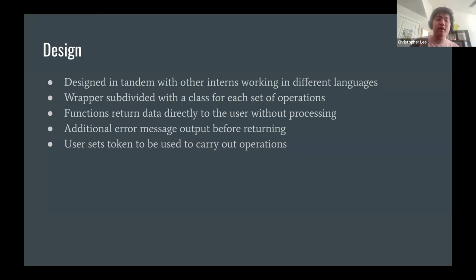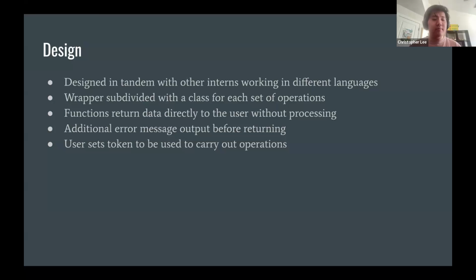So the first thing we decided was we wanted to subdivide the wrappers into classes for each set of operations. So for example, there would be a separate class for operations dealing with collections and a separate one for dealing with data objects and things like that. We also decided that we wanted the functions to return any data fairly directly to the user so that it would be up to them to decide how they wanted to deal with the data they were getting back from the server.